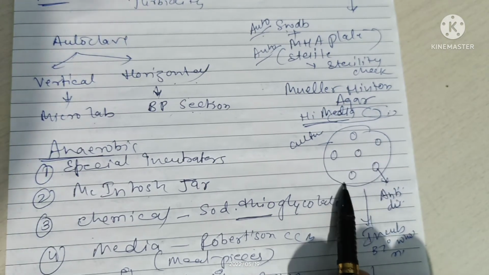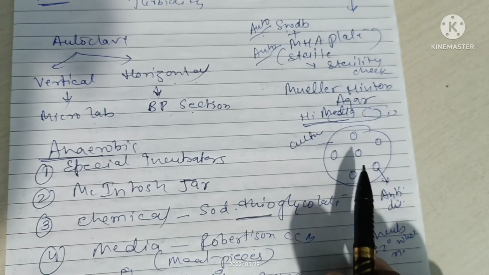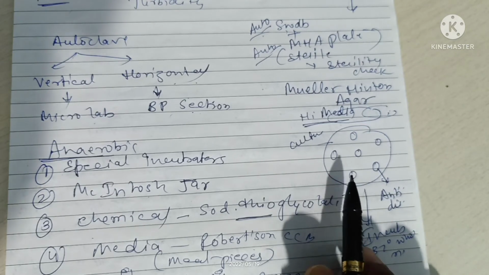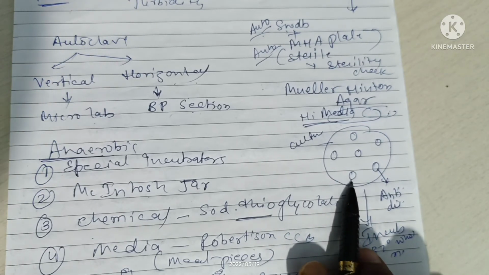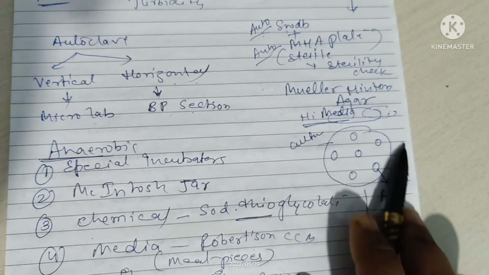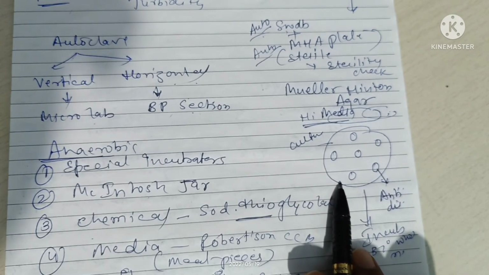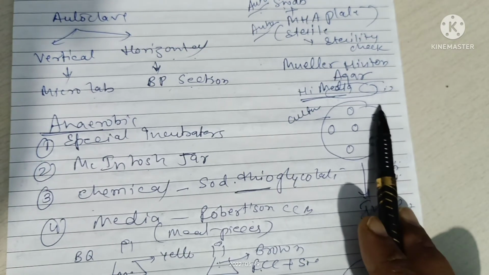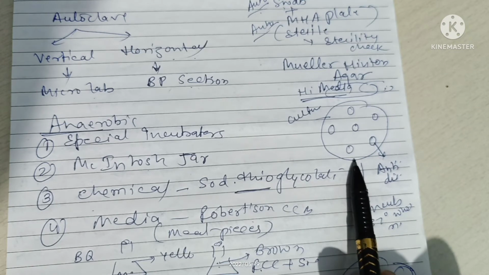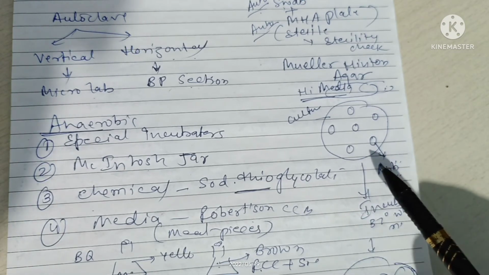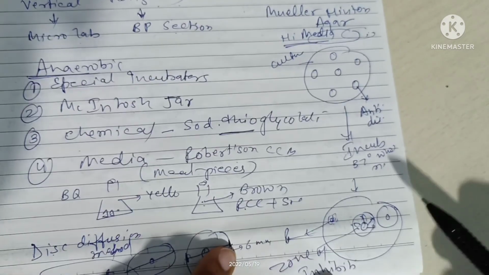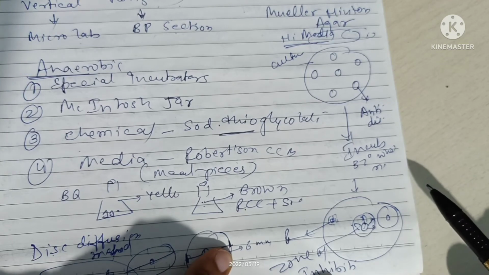On that swabbed Muller-Hinton agar, we put the antibiotic discs. Normally in our lab we put about 8 discs on a plate for checking the best antibiotic resistance. The discs are to be kept gently on the agar, and further we incubate these plates at 37 degrees centigrade for 24 hours.